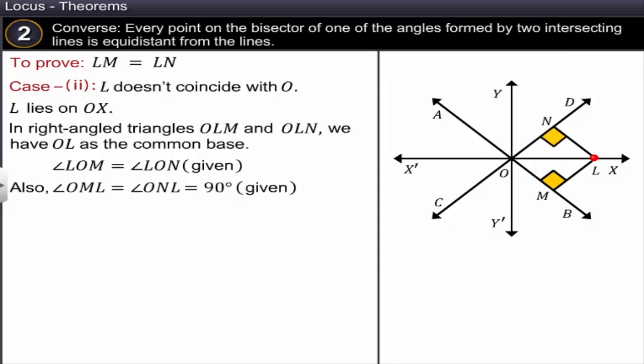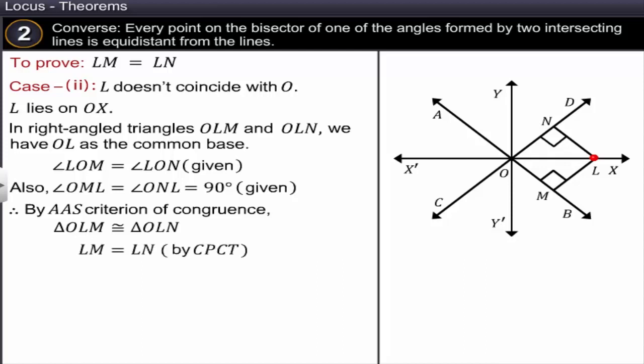Therefore, by the AAS criterion of congruence, triangle OLM is congruent to triangle OLN. As we know that the corresponding parts of congruent triangles are equal, therefore LM is equal to LN.